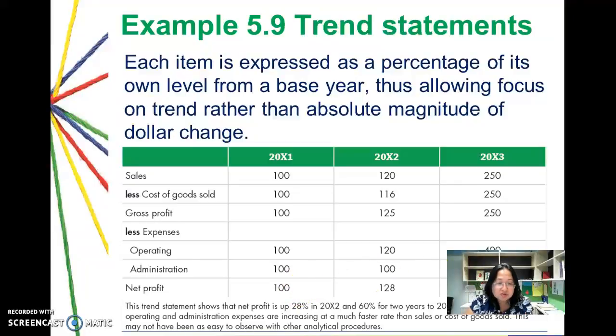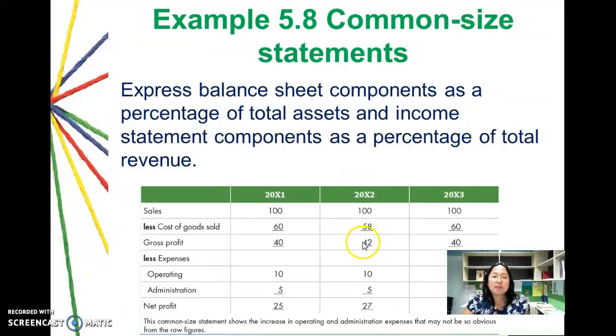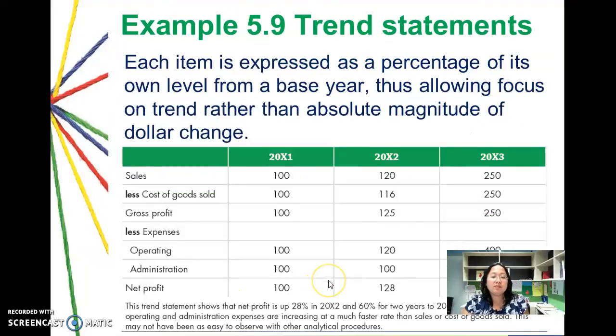It also shows that the operating administration expenses are increasing at a much faster rate than the sales or the cost of goods sold. This may not have been easy to observe with other analytical procedures. So based on the common size statement, you take the base year figure as 100%, as one, and compare the year 2002 and year 2003 figures as a percentage of the year 2001 figure.